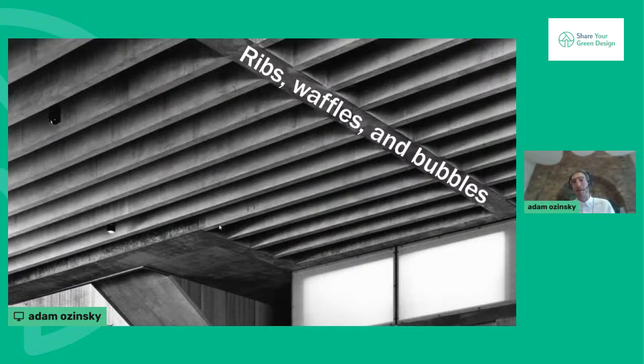And so we're hoping to say farewell, and we're hoping to make all the old stuff new again, which is ribs, waffles, and bubbles. And these are all pretty well established concrete structural systems that have gone out of favor because they're difficult to coordinate, they take long on site, etc., etc. But they're all really efficient from a structural perspective. So we're starting in our practice to see more people interested in ribs, doing a little bit of design work to take the carbon saving.